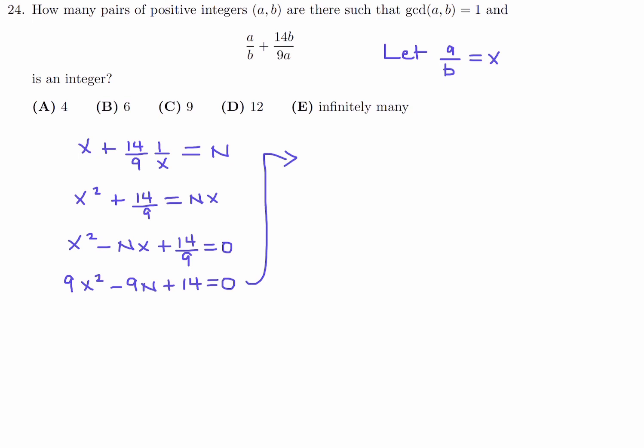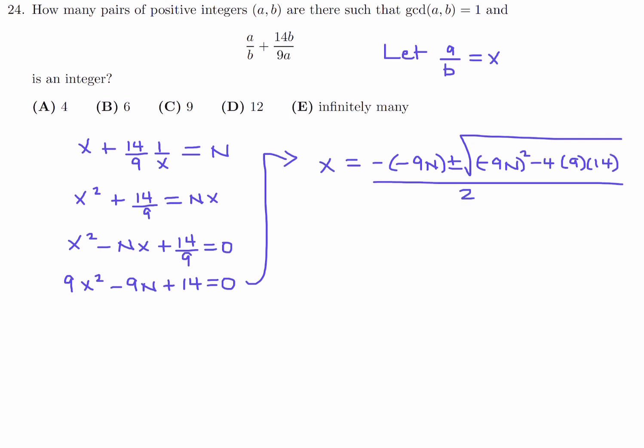Now we can use the quadratic formula to figure out x. x is going to be minus b, so that's minus minus 9n, plus or minus the square root of b squared, minus 9n squared, minus 4ac, all over 2 times a, which is 9. So this is 9n plus or minus the square root of 81n squared minus 504, all over 18.